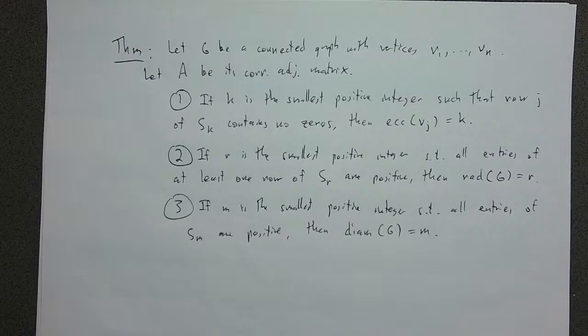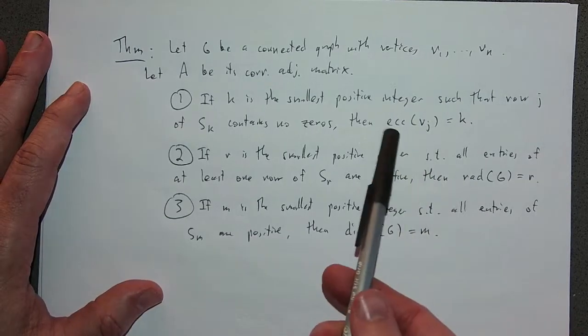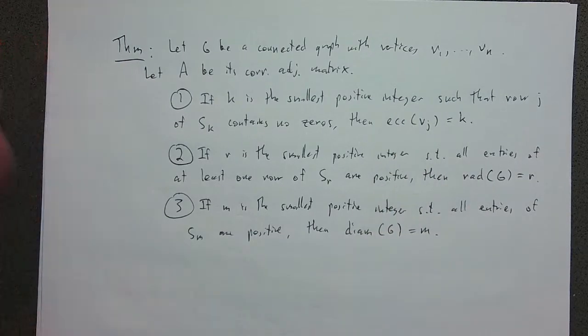Okay, so this very directly ties the eccentricity, radius, and diameter, which we use to define these concepts of distance, like talking about the center and periphery of the graphs as we did, to both the adjacency matrix and this matrix sum that was defined in terms of the adjacency matrix.